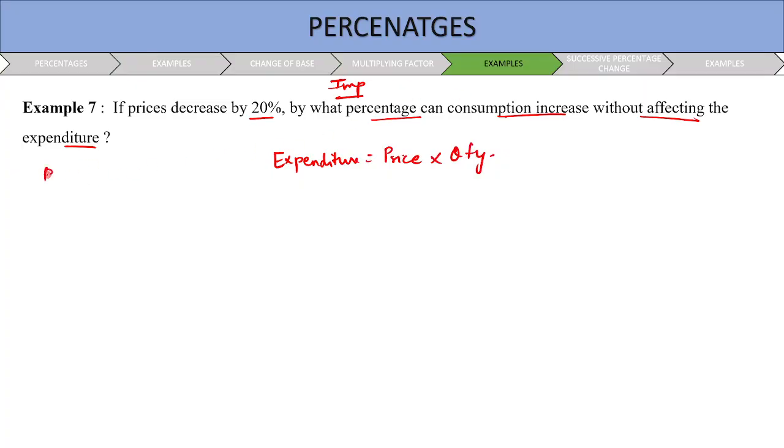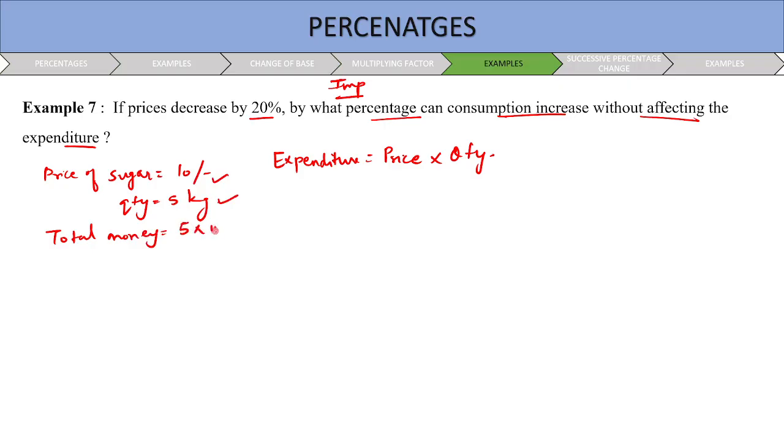Let's say for better understanding, we will consider sugar. Let's say you go to purchase some sugar, and the shopkeeper tells you that the price of 1 kg of sugar is 10 rupees, and you bought 5 kg of sugar. So what is the total money you have spent? For 1 kg you are paying 10, but you have bought 5 kg.